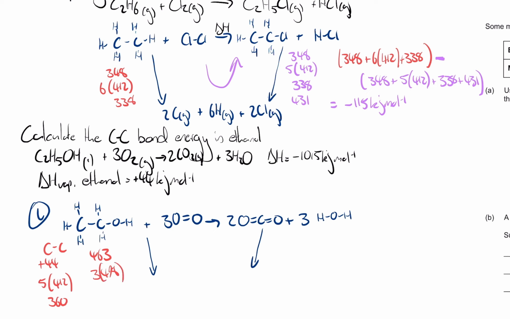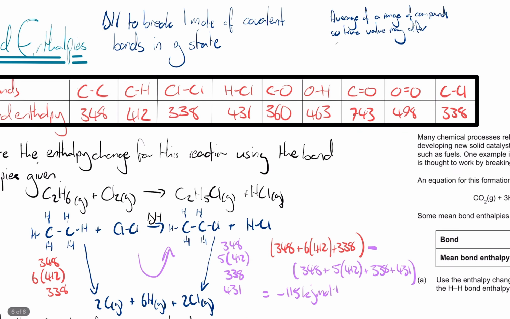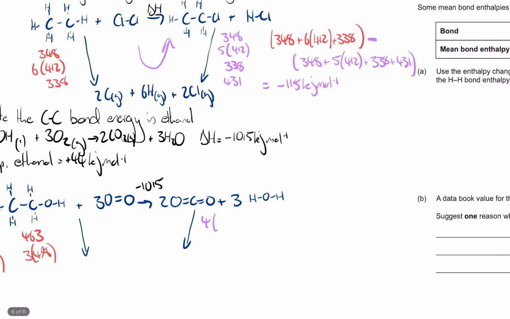Nice. Next, we've been given this value, so minus 1015. And then we've got 2 lots of C double bond O times by 2, so that's 4 lots of C double bond O, 743.